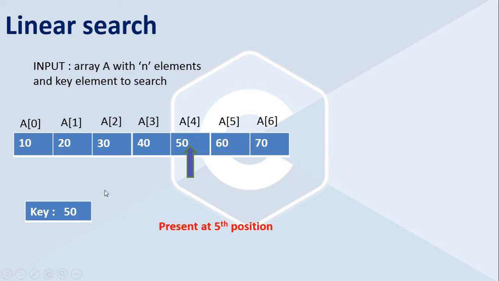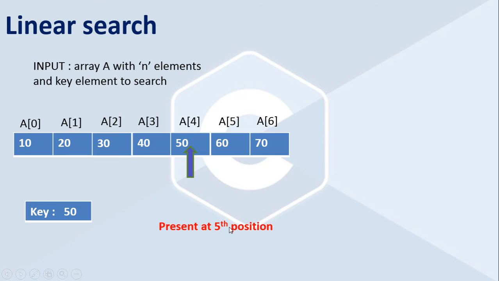In this given array, a total of 7 numbers are available, and this 50 is the 1, 2, 3, 4, 5th element. But our indexing starts from 0, that is why this 50 is pointed to by index 4. In that case we display that the key is present at the 5th location. That means the key is present at the index plus 1th position in general.